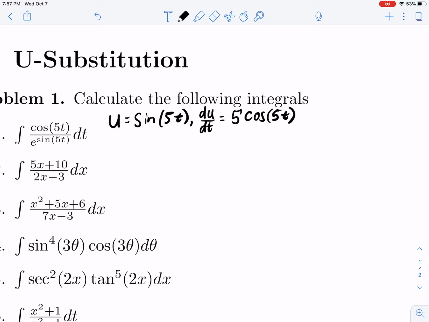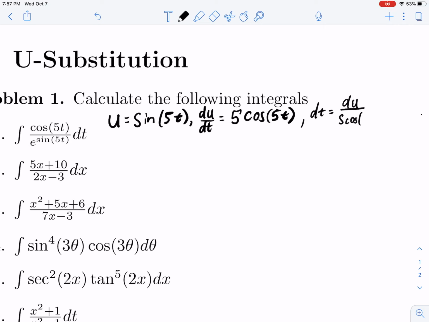Which gives us that dt is equal to du over 5 cosine 5t.